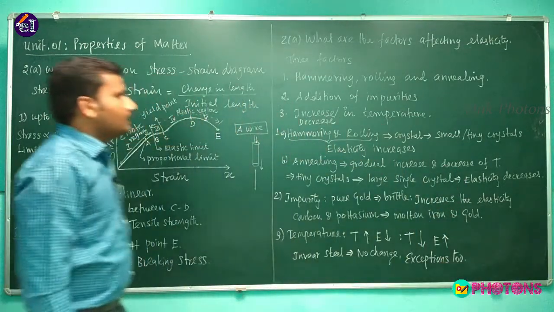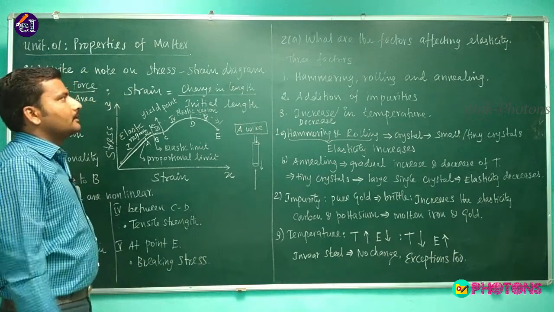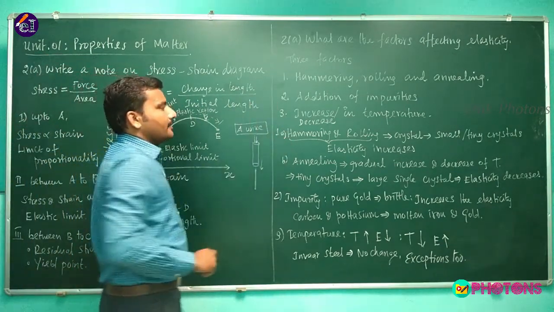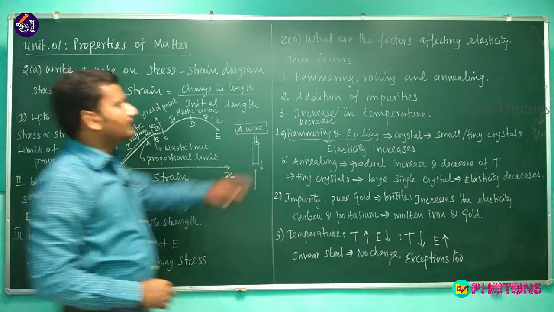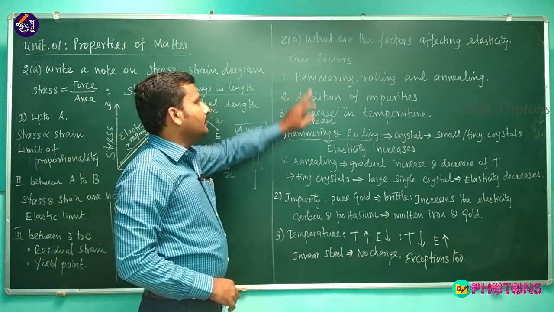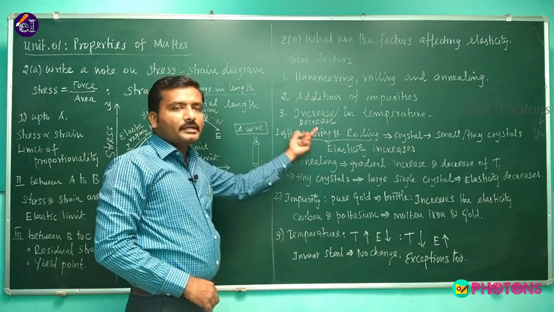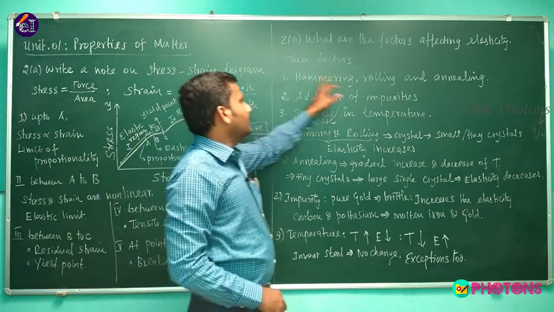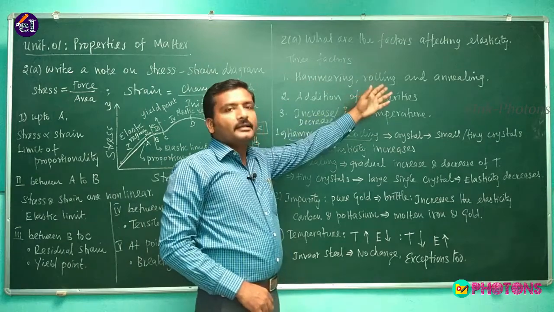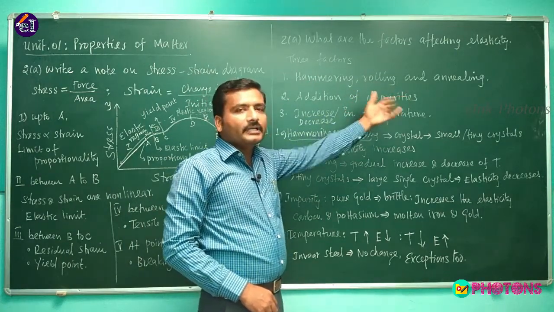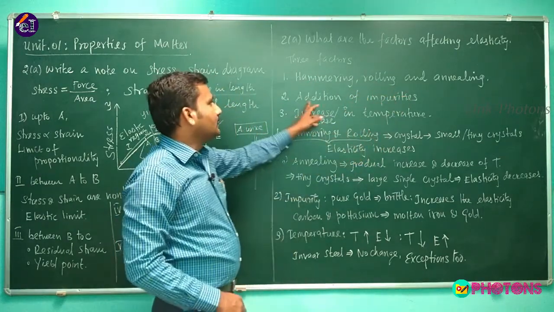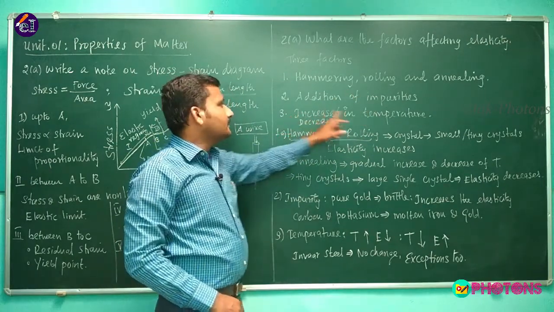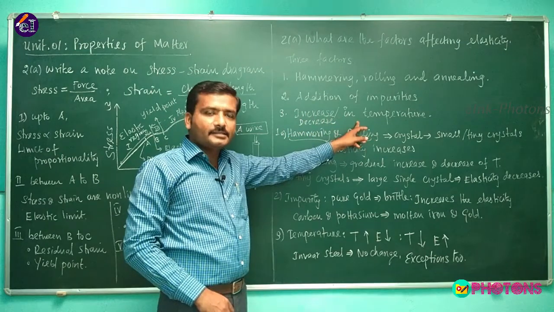Okay, and these are the effects of different factors on the elasticity that we have considered: hammering, rolling and annealing, addition of impurities, and the role of temperature. So in a nutshell, hammering and rolling will increase the elasticity while annealing will decrease the elasticity. Addition of impurities will increase the elasticity. An increase in temperature will decrease the elasticity.